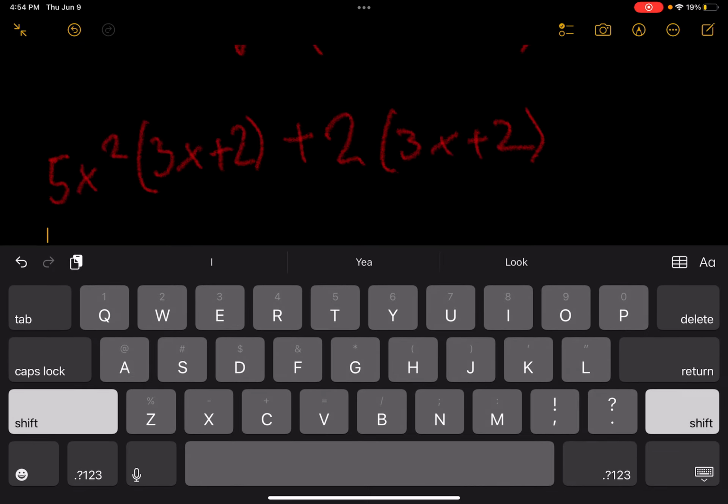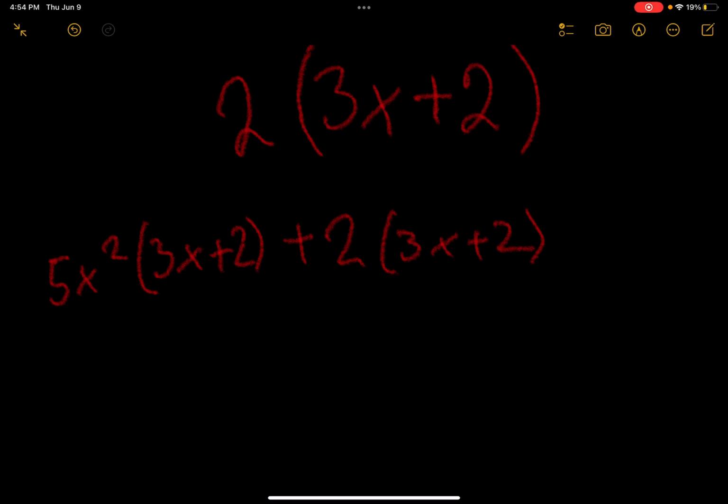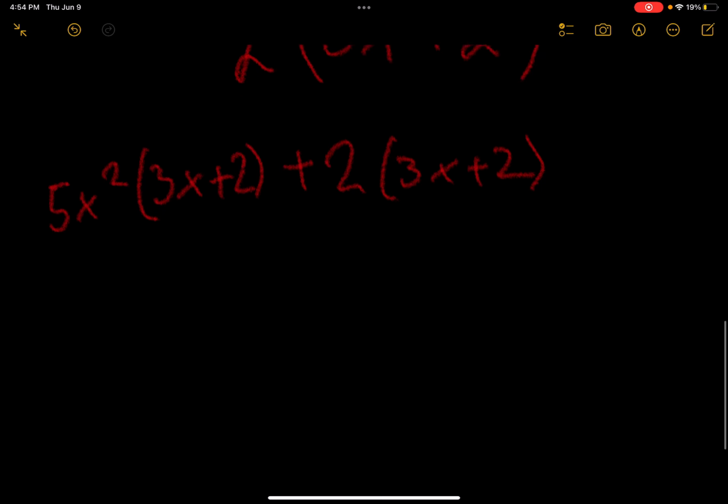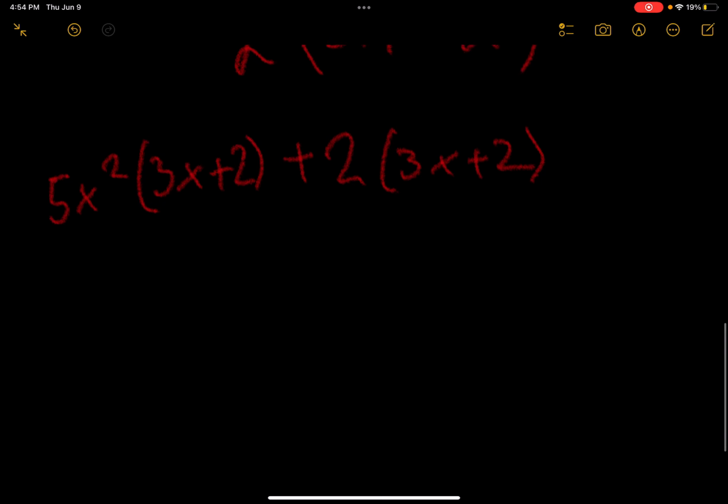So 5x squared times 3x equals 15x cubed, and so on, right? However, I already know this, because I have paper here that makes sure that everything is right. After we do this, we want to simplify even more because we can easily simplify this, right? So now if you look here, 3x plus 2, 3x plus 2, right?